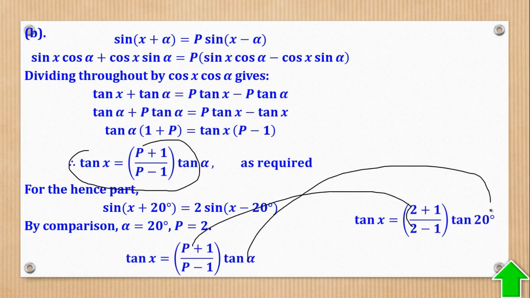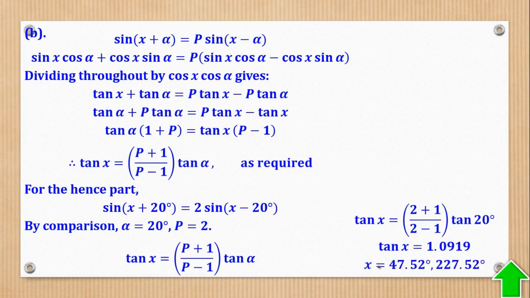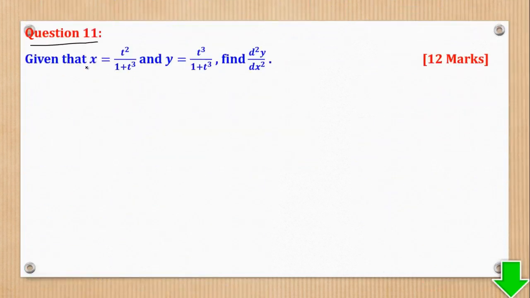Alpha is 20. When I use a calculator, the whole of this will give me this, and therefore x will be that for the given range. Question 11 says, given that x is that and y is that, find the second derivative with respect to x.